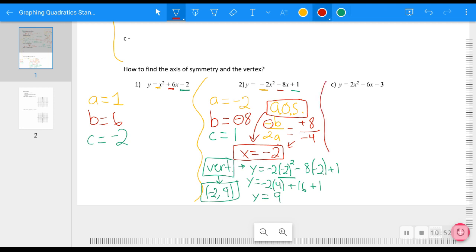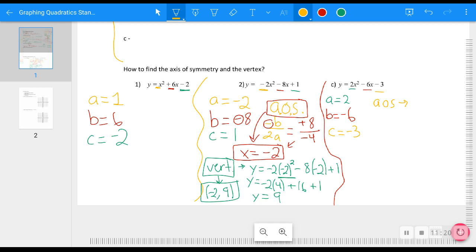Then our last example, it's not too bad. Our a value is going to be 2. Our b value is going to be -6. And our c value is going to be -3. So to find our axis of symmetry, all we do is take -b.